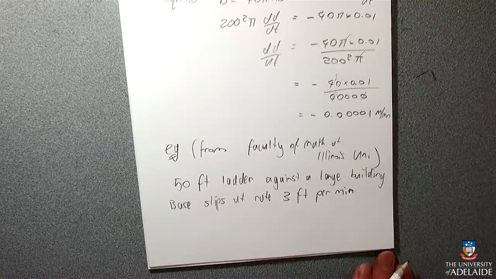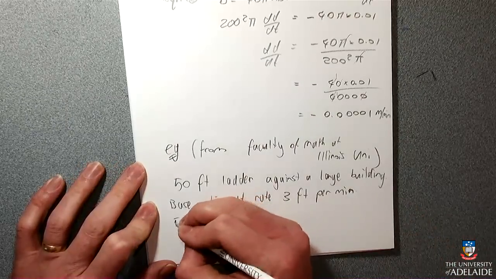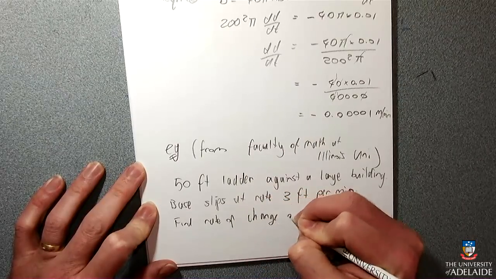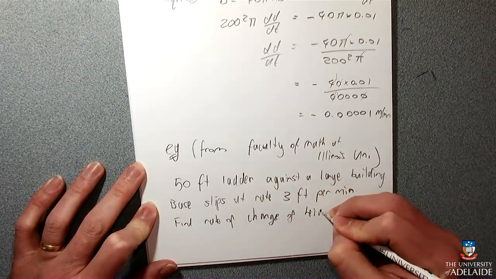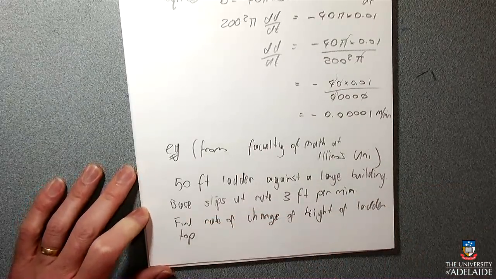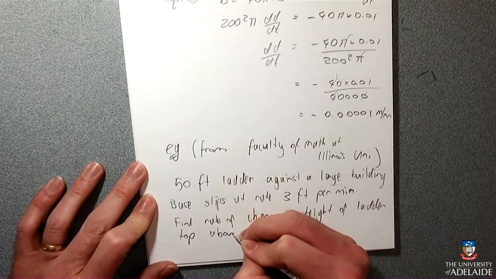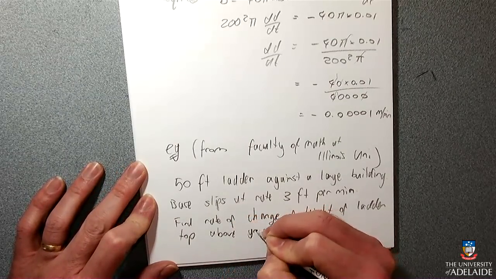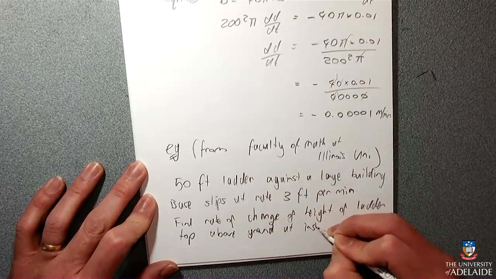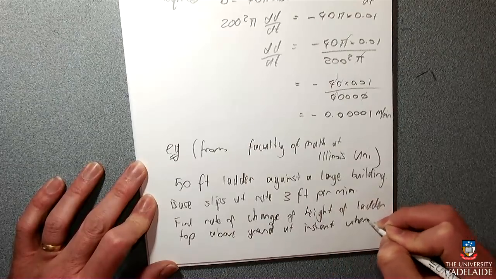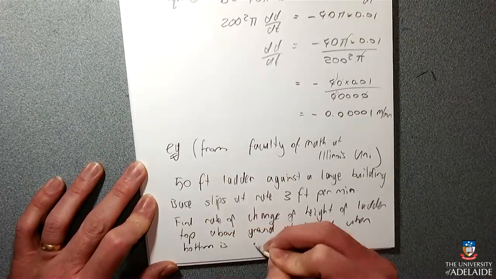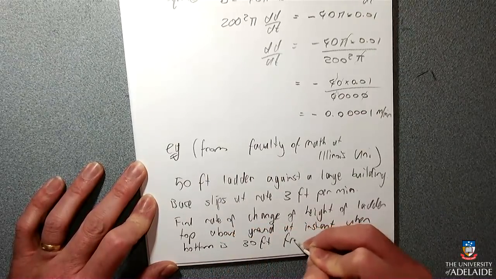So find the rate of change of the height of the top of the ladder, the ladder top above the ground, at the instant when the base is 30 feet from the wall.